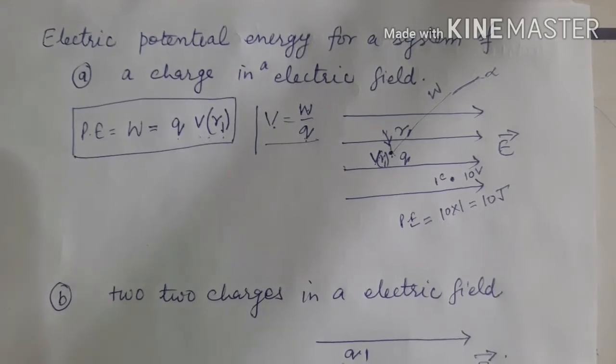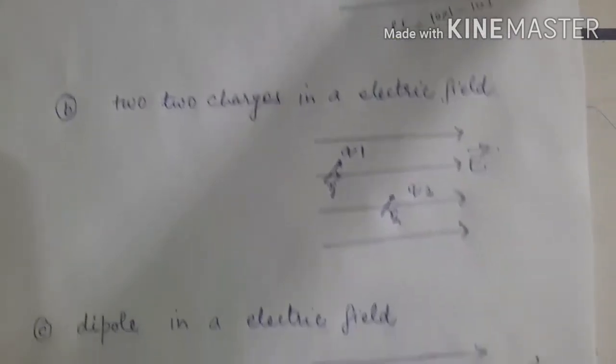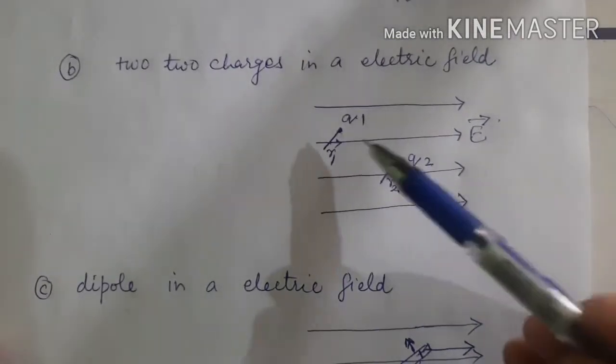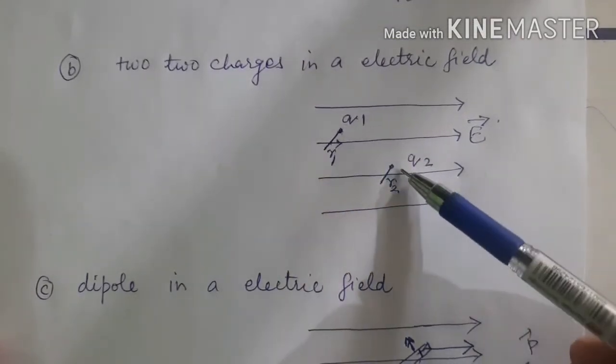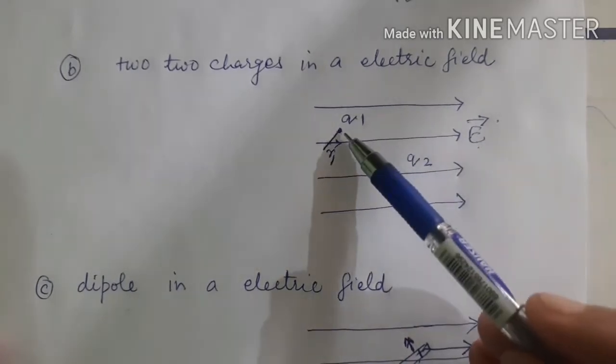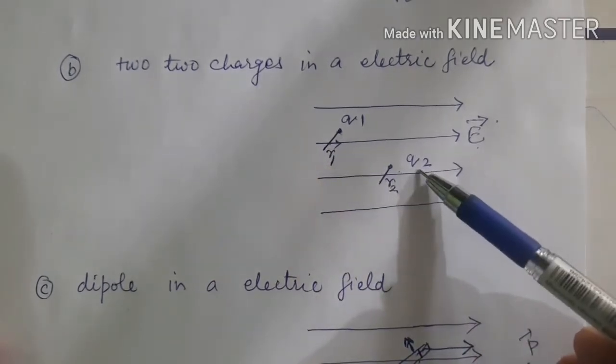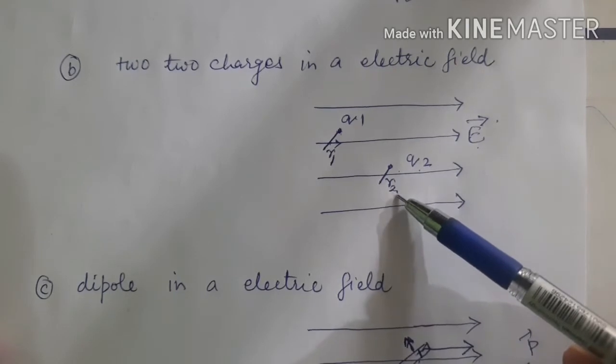Now what happens when two charges are placed? Let us see this next case. Now see here. Here we have placed two charges Q1, Q2 in a uniform electric field E. Let the position of the Q1 charge be R1 and the position of the Q2 charge be R2.